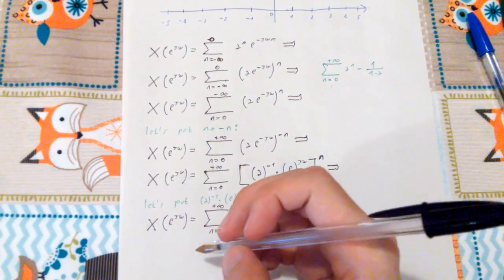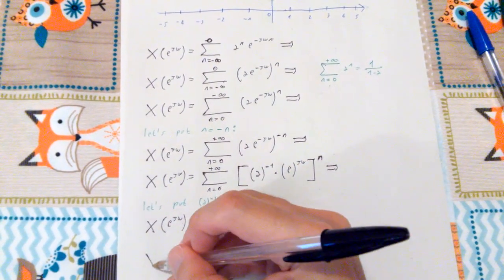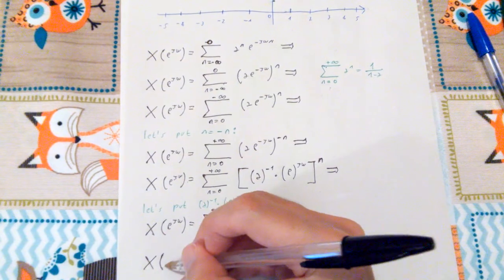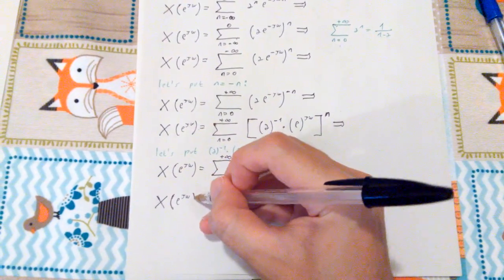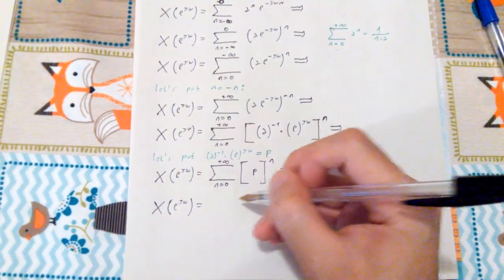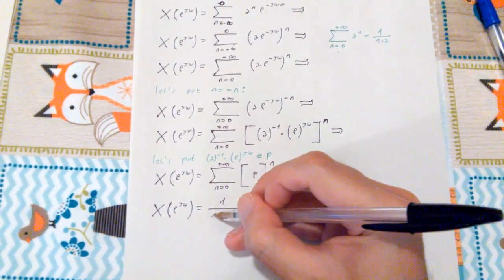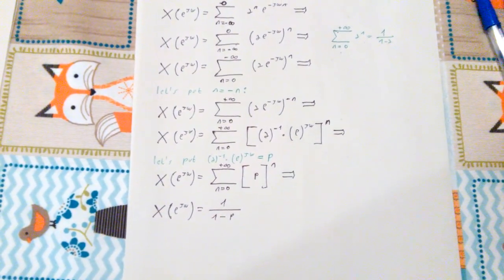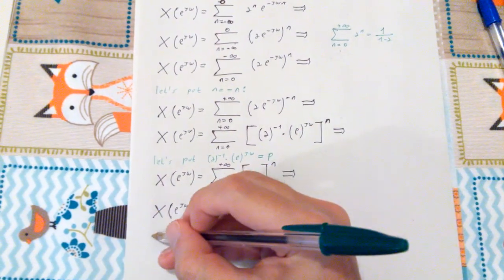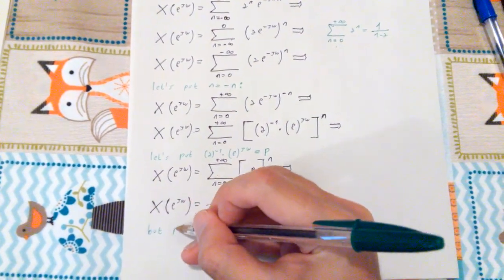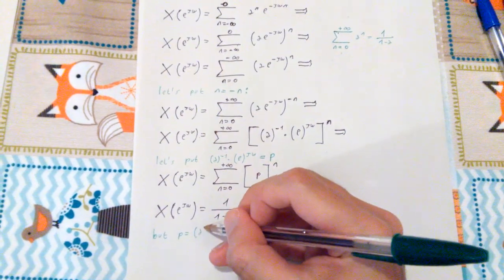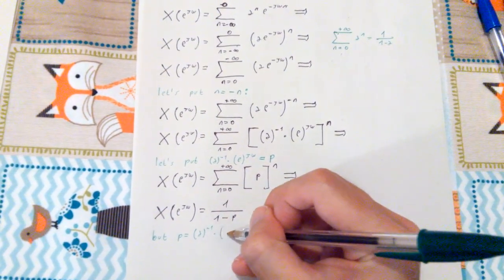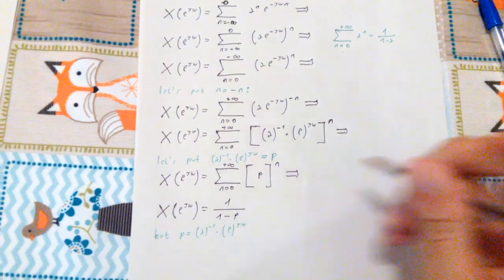So this is just F of e to the j omega equal to 1 over 1 minus p. But we have to remember that p was actually this full thing, a to the negative 1 times e to the j omega.